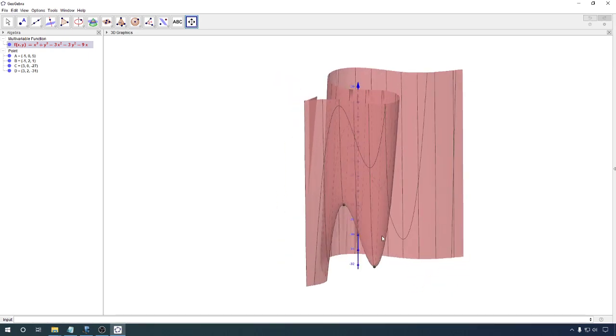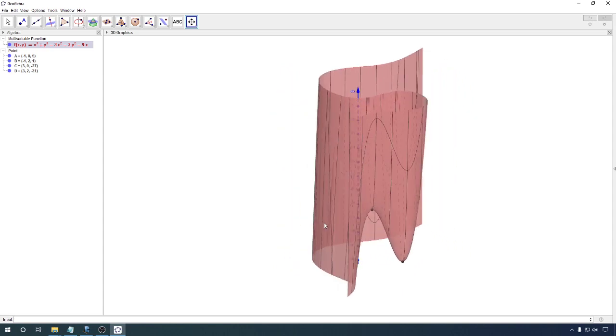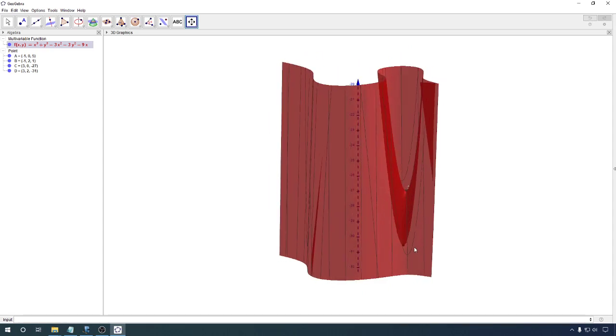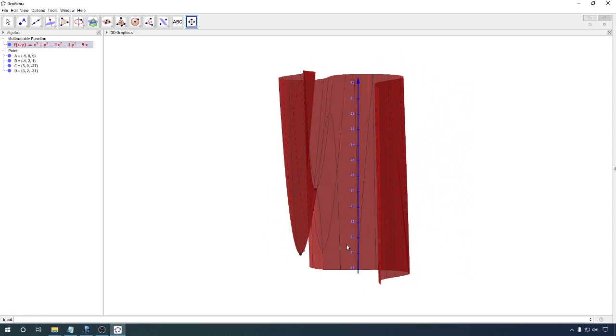So kind of nifty. And if it let me rescale the z-axis like I'd want to, then we could see all of it all at once. But you can see how we get some really weirdly shaped surfaces, but we can go through this process and predict where those significant points are.